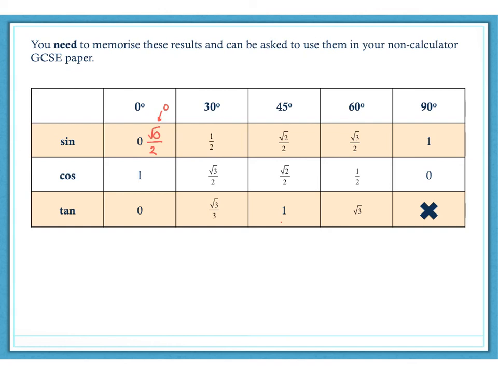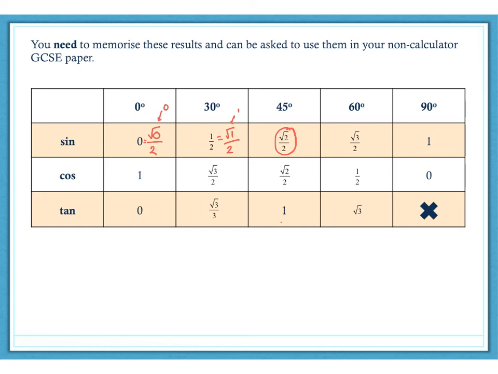Now, the sine of 30 is equal to a half. But we can also write this as the root of 1 over 2, because of course the square root of 1 is just 1. So again, it's a slightly more complex way of writing a half. Now, the sine of 45 is already set up exactly as I want it to be, root 2 over 2.